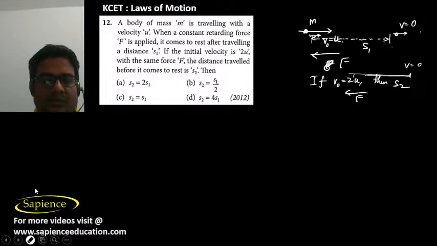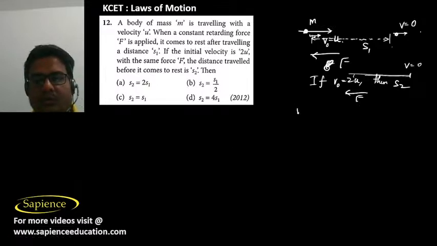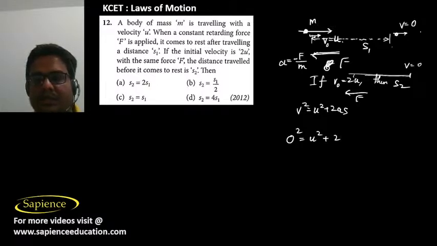We should use the equation of motion v square equal to u square plus 2as. So in the first case, the final velocity is 0, so 0 square equal to u square plus 2a. Here acceleration should be given as minus f by m, since the force is acting in the negative direction, since it is a retarding force.